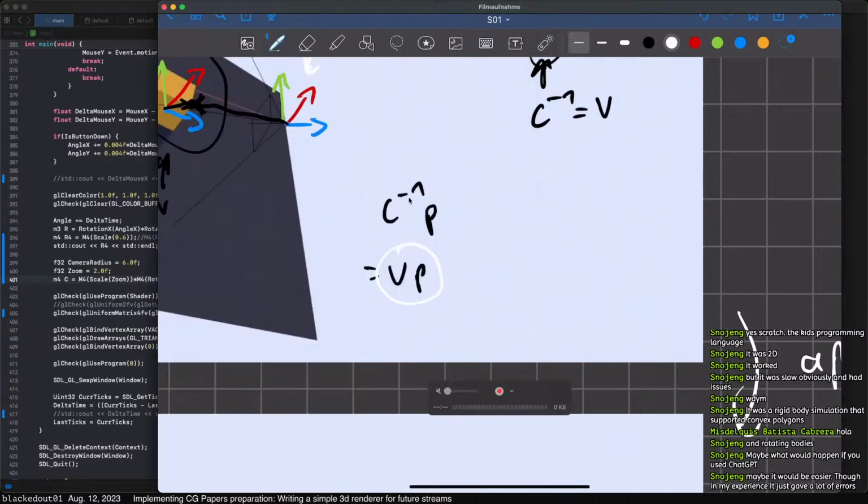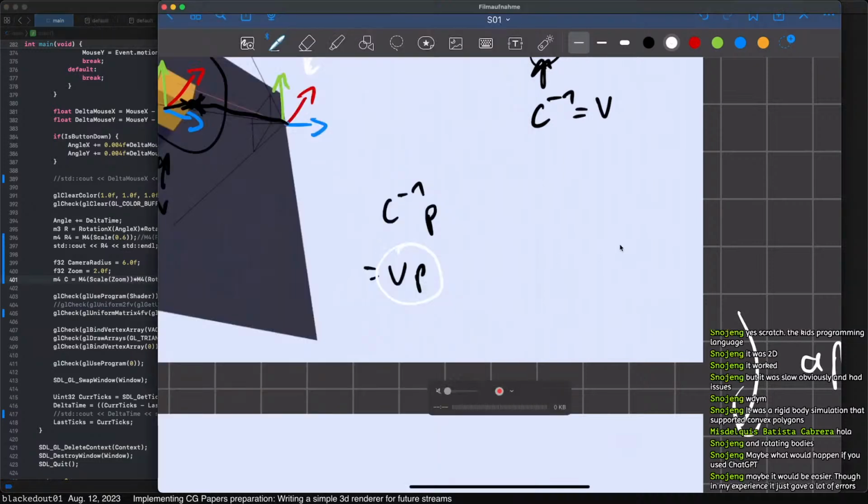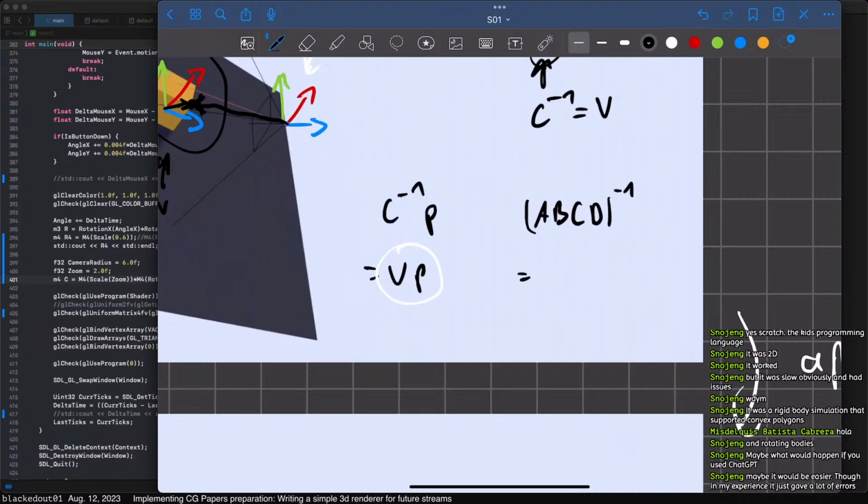You could just write a function that inverts a matrix. But we can make this a little bit easier because we know that if we multiply many matrices together and invert them, this is just equal to flipping each of them and applying the inverse to each of them individually.